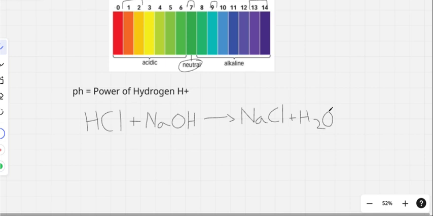From this, we can see that we've taken this part over here, we've taken the last part over here. So that forms our salt. And then we have our water.